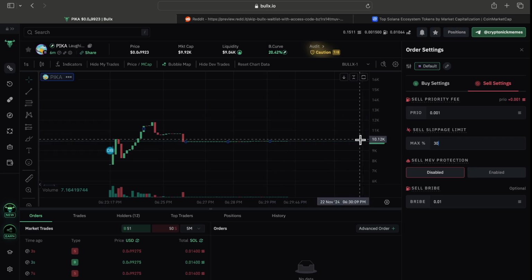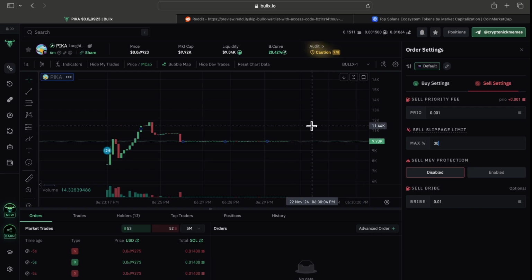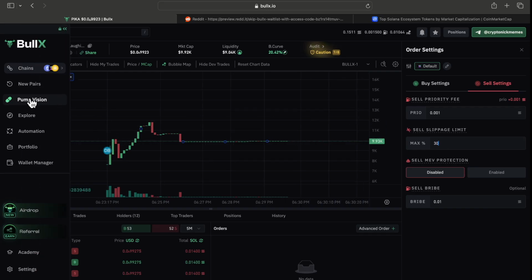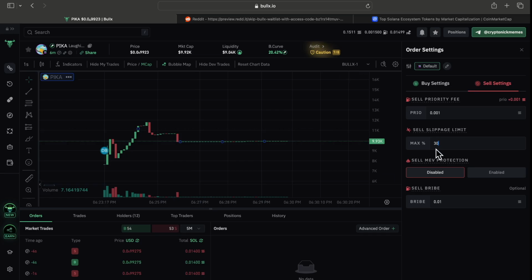Because when it comes to selling, if there is lots of volatility, especially with Pump.fun coins, if you're using this Pump Vision section, you want to sell at the right time. Because imagine if your transaction fails, it's a big issue. If you're using 10% slippage, transaction fails, coin goes down by 30%, you can lose all of your profits and even go to negative. So selling slippage is way more important than buying slippage.